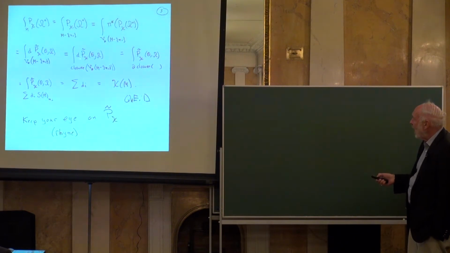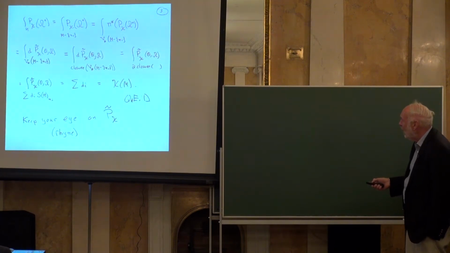Gee, that's the same as the integral of d of this over the closure of that guy, but now that's equal to the integral of p sub p tilde over the boundary of the closure. Oh, what's the boundary of the closure?